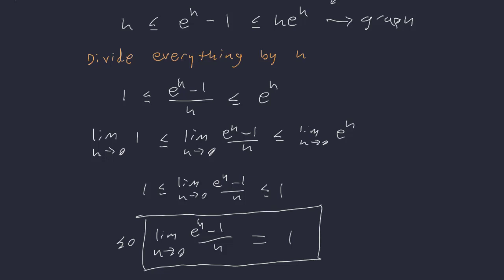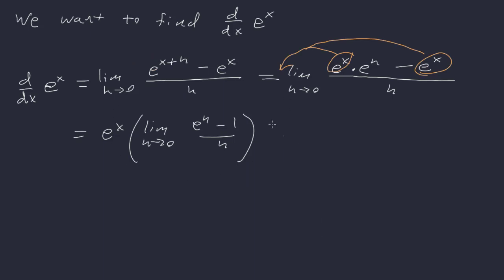Going back to our previous screen here, we just determined that the limit as h goes to 0 of e to the h minus 1 all over h goes to 1. So this is e to the x times 1, which is just e to the x.